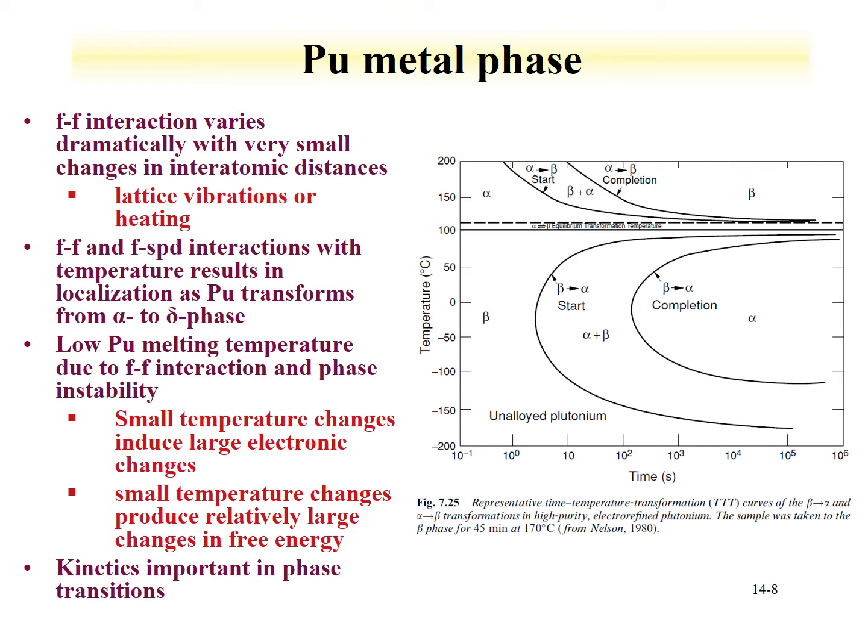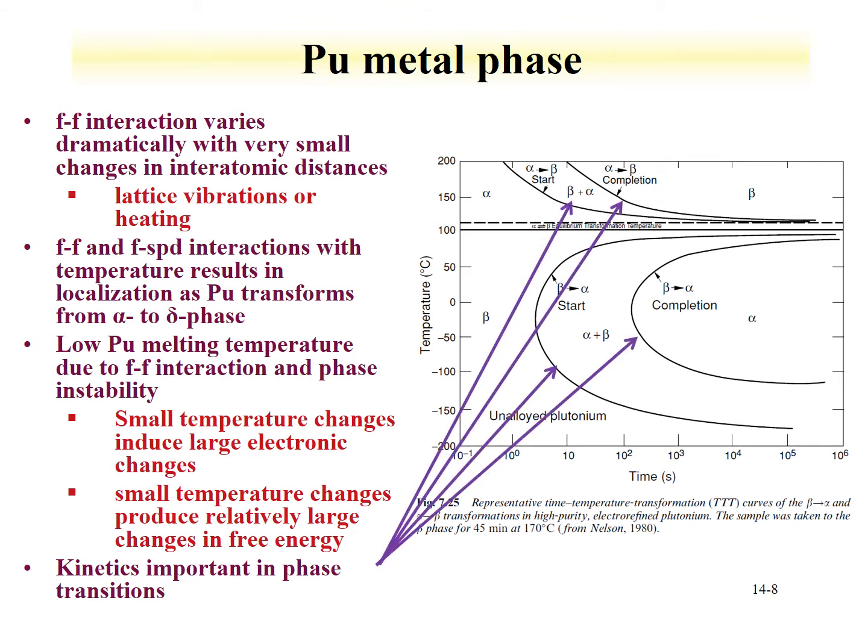And these interactions with temperature result in the phase transformations from the alpha all the way to the other phases that are present. These small temperature changes can induce large electronic changes, and they produce relatively large free energy changes. The kinetics are shown here for the changes of plutonium going from one phase to another.